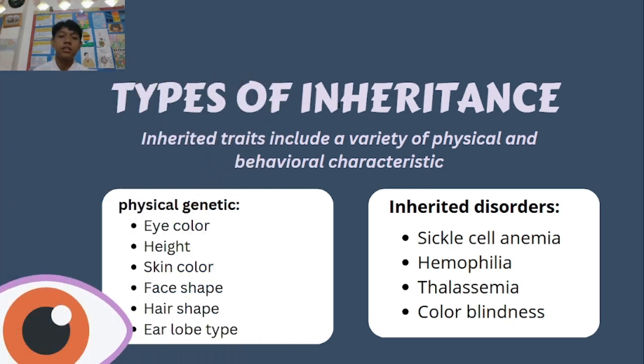As for inheritance, inherited traits include a variety of physical and behavioral characteristics. The physical genetic traits are eye color, height, skin color, face shape, ear shape, and ear lobe type. Inherited disorders include sickle cell anemia, hemophilia, thalassemia, and color blindness.